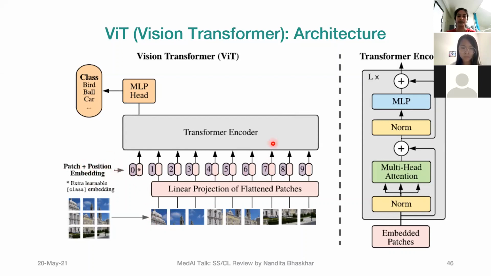Then you feed it into a transformer, which has the same architecture as the ones used in natural language processing, which are then projected to a multi-layer perceptron head, and after that you can perform classification. The patch size for these images is usually around 8 or 16. DINO specifically uses 8 and 16 for their performance metrics.